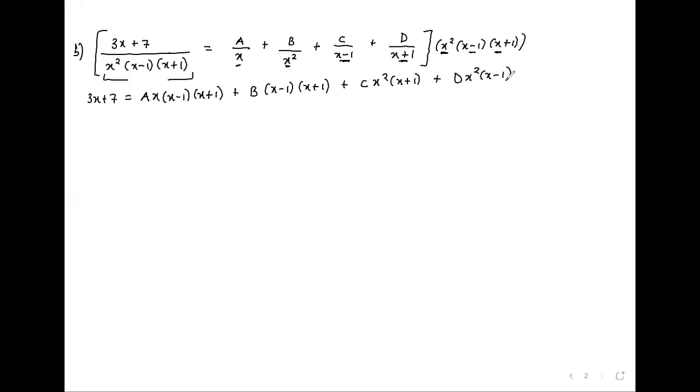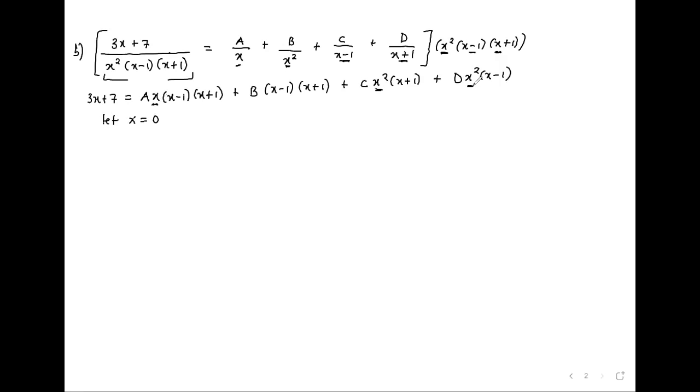Now here, if we try to let x be 0, we can get the value of b. So if we let x be equal to 0, it means that everywhere where x is there, we'll take 0.